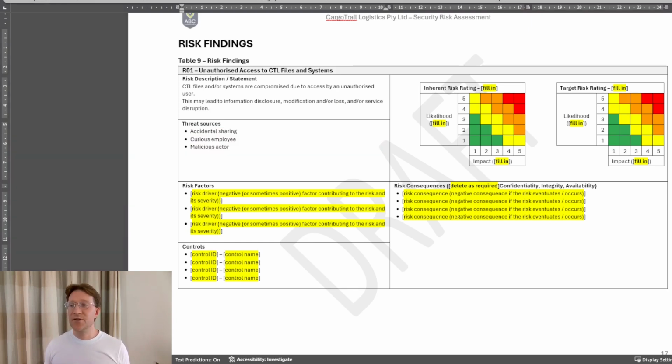We then consider the threat sources for this risk, where the risk can originate from. One example of this is accidental sharing, where someone might have some information and they either send it to someone outside of a company, for example, or they might send it to someone within a company. But in either case, the recipient is not supposed to have access to that information.